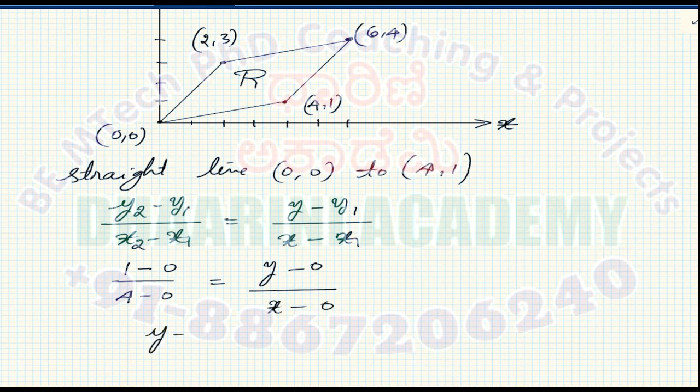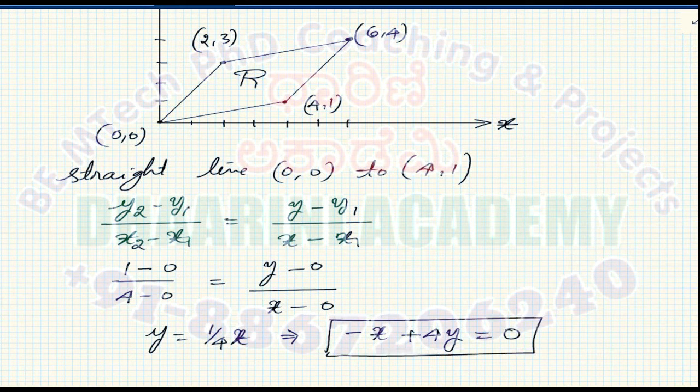So this says y is equal to 1 by 4 into x. y is equal to mx, we got that, but I prefer writing it in a different version. So I'll take 4 to the other side as well as x to the other side. That gives minus x plus 4y equals 0. Okay, this is my equation. I'll tell you why I'm writing this in this format later.